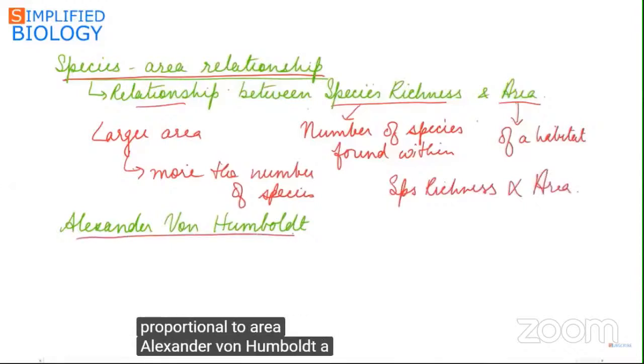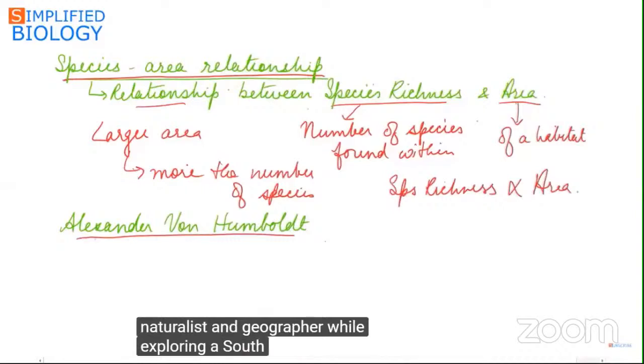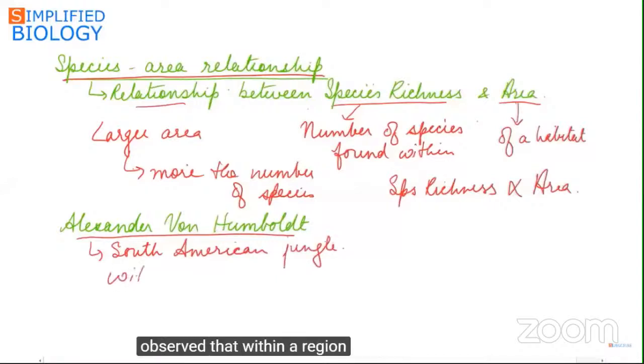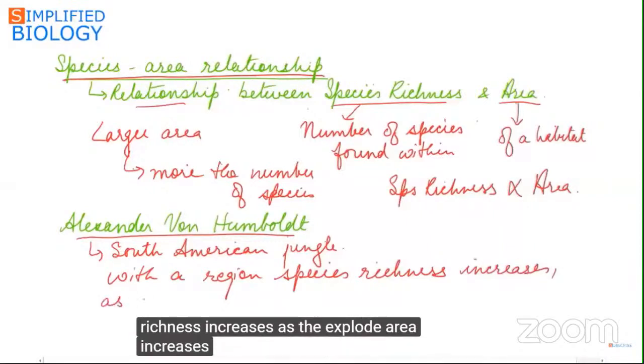Alexander von Humboldt, a German naturalist and geographer, while exploring a South American jungle, observed that within a region, species richness increases as the explored area increases.